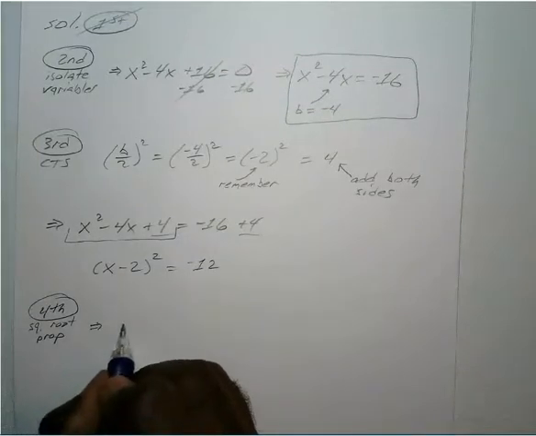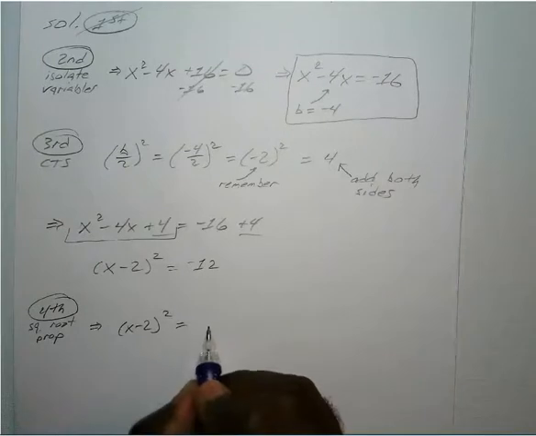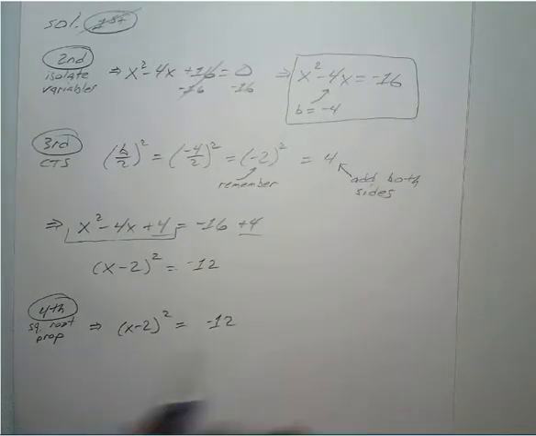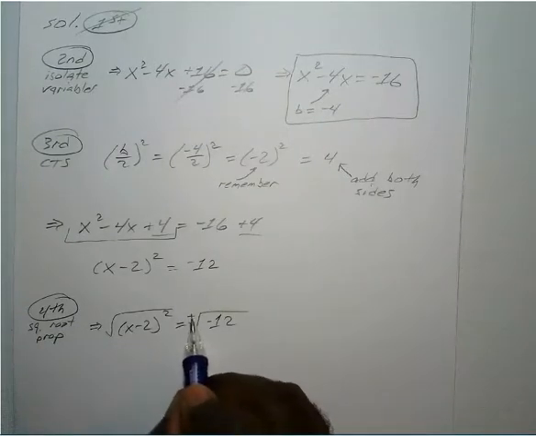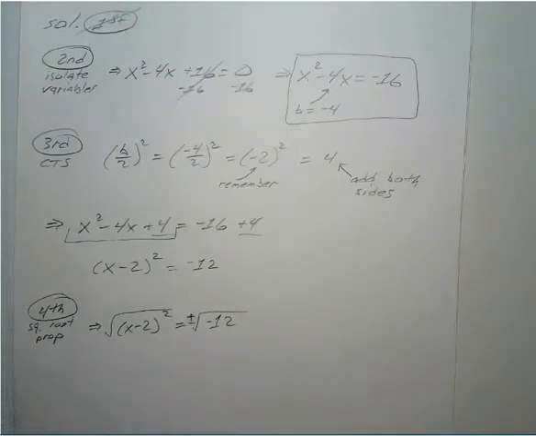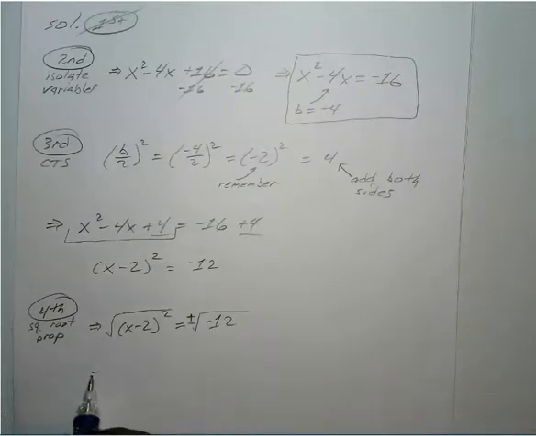Okay, so our x minus 2 squared equals negative 12. We're going to square root both sides, and don't forget your plus minus. Okay, so the square and the square root cancel out here.